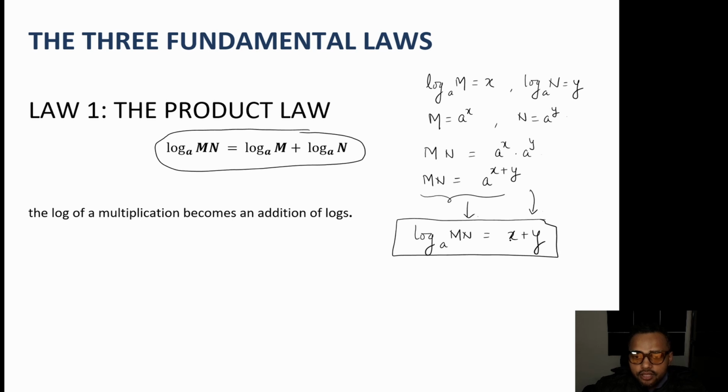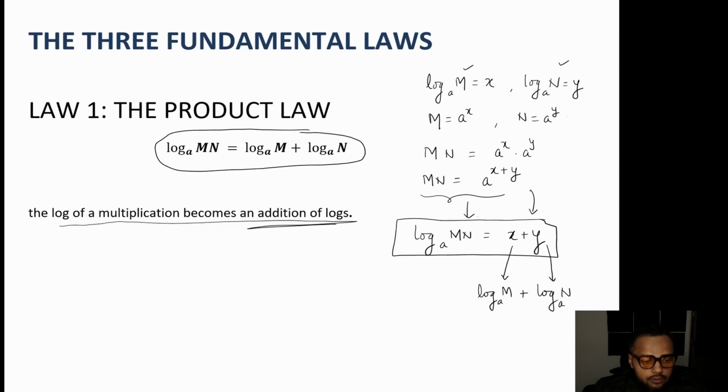Now we substitute the values: x was log base a of m, plus log base a of n, because y we have taken as log base a of n and x we have taken as log base a of m. So this is how we can prove this product law, students. This was our first law, in which the log of a multiplication becomes an addition of logs.